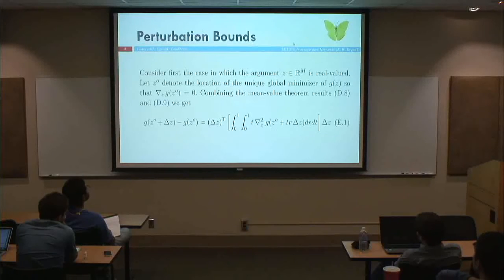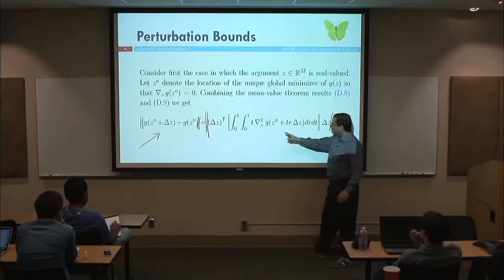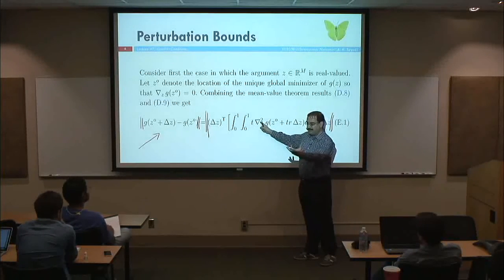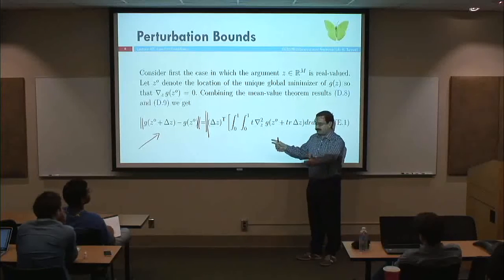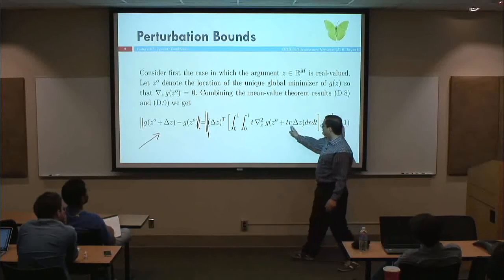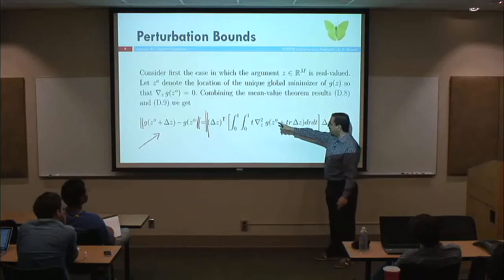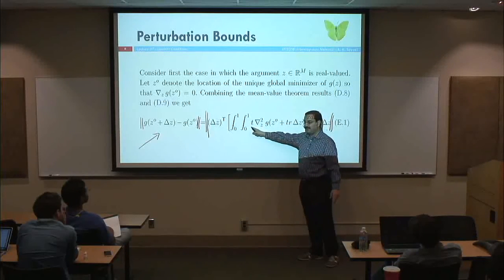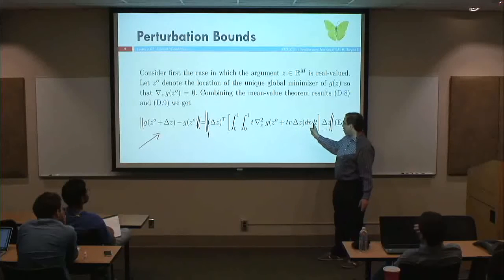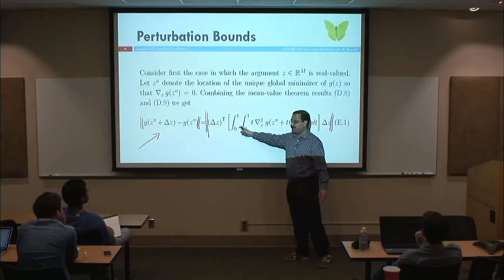So if you come back to this relation, which is general for any function with second order derivatives, you see I'm telling you that the Hessian is bounded by delta. So if I compute the norm of both sides, the norm of the Hessian is bounded by delta, so that becomes a constant. You take it out of the integral. You have a double integral with a t. You integrate twice, over t squared over 2, and you integrate over r.